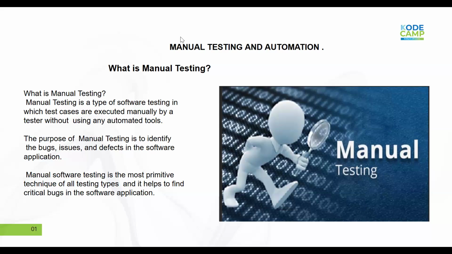And it helps us to find critical bugs in the software application. If there's one thing manual testing will help us to do, we cannot lie that it will help us to find critical bugs in the software application. I'm not saying automation testing cannot help us find critical bugs, but your automation script might even have a bug sometimes, and you might not be checking for the right thing.